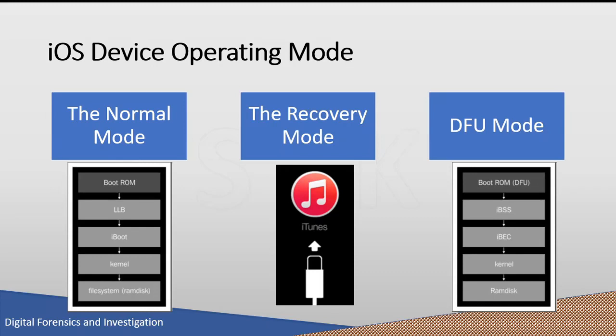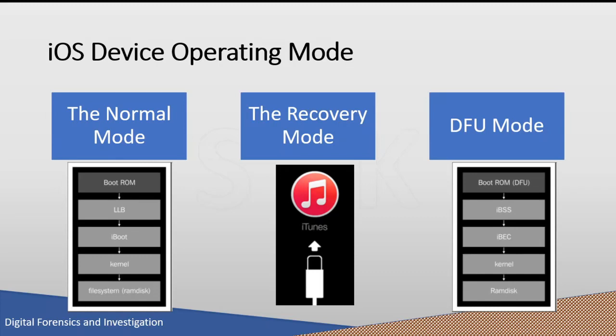This is known as recovery loop. A recovery loop may occur when the user or the examiner attempts to jailbreak the iOS device and an error occurs during that process. To get the device out of the recovery loop, the device must be connected to iTunes and the backup is restored on that device.